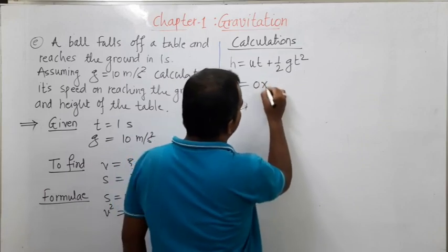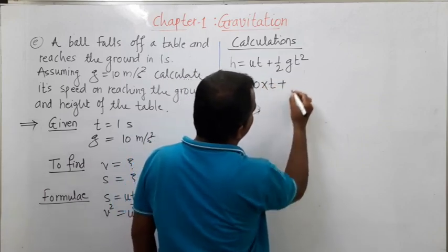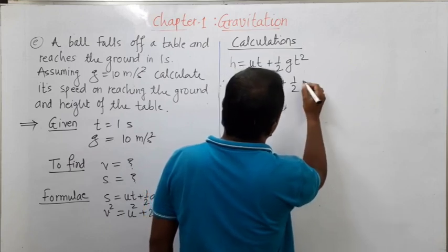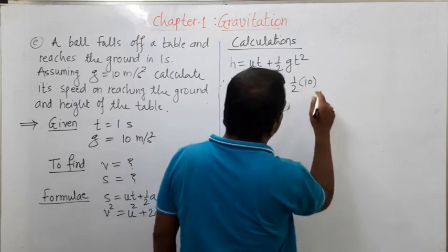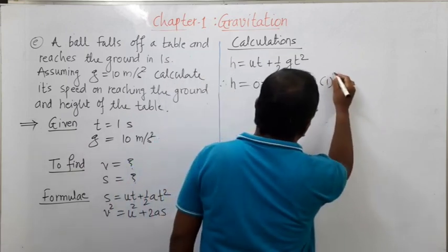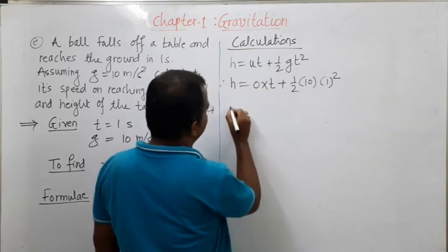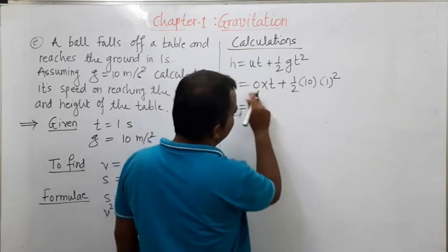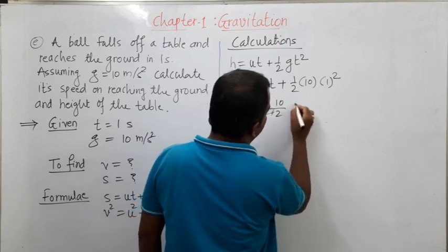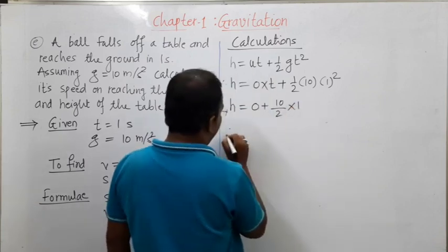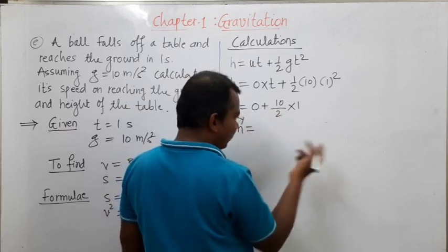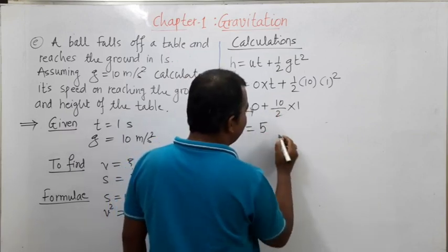So 0 into t plus half. g is given, that is 10, and t is 1 second. So 1 square. 1 square is 1. So h is equal to 0 into 2 is 0 plus 10 upon 2 into 1. We can write directly. The answer is h is equal to 10 by 2 is 5 meters.